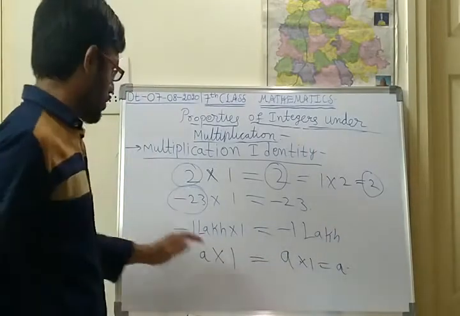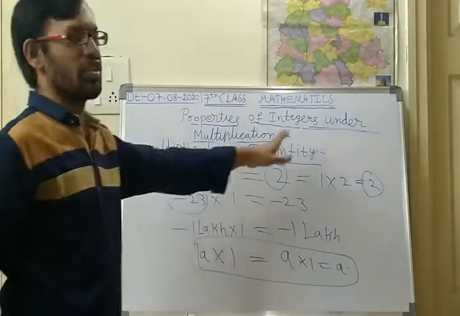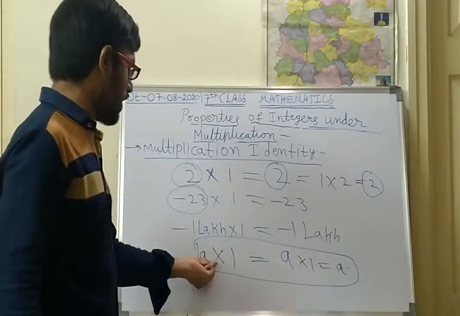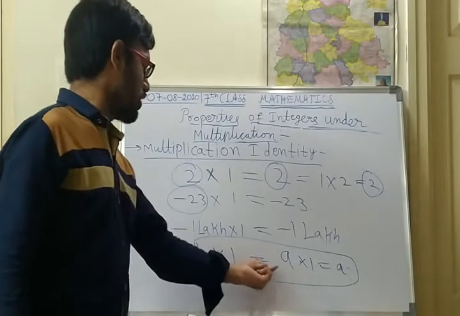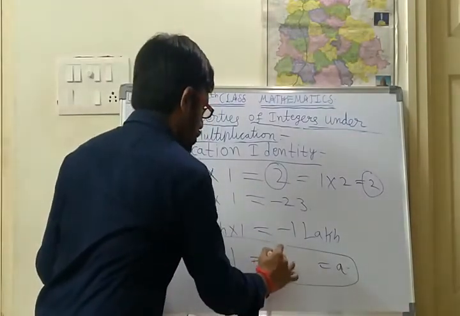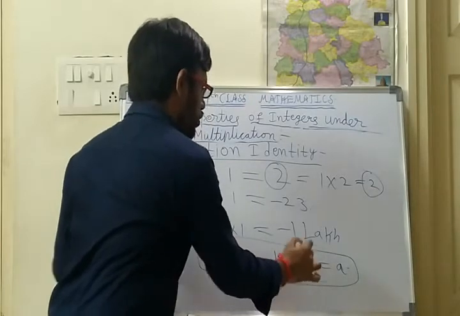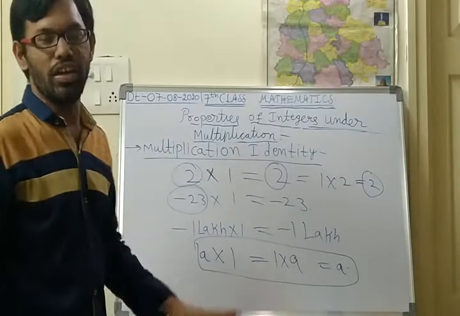This is the final statement of multiplication identity. If a is an integer, then a into 1 is equal to 1 into a is equal to a only. Okay, like this the multiplication identity will be coming.